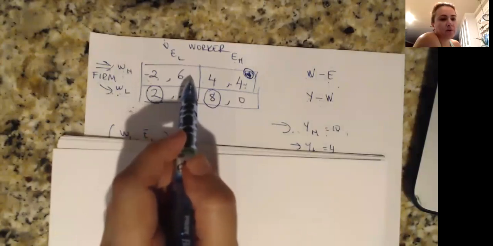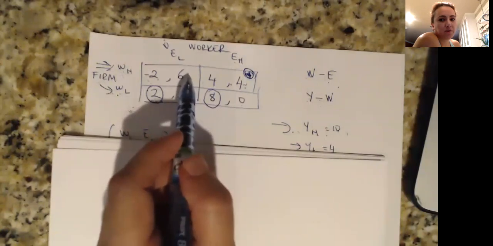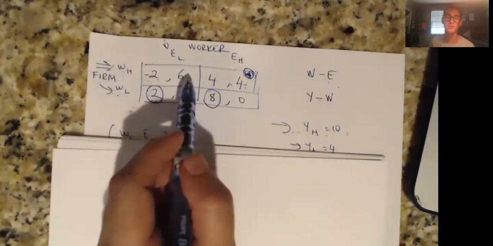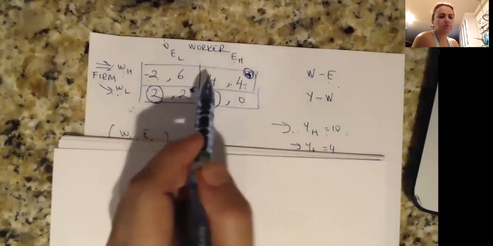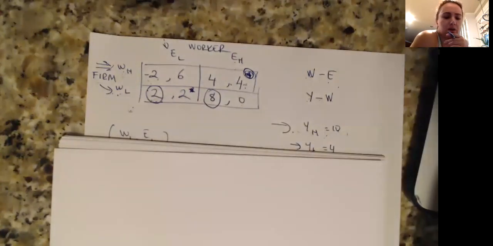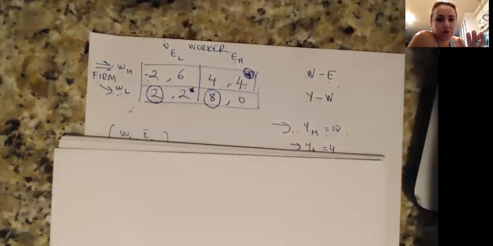Because this is not a one period game anymore. Right now, when you repeat the game multiple times, you cannot use the stage game Nash equilibrium anymore, because it's not the equilibrium. The game is different now.